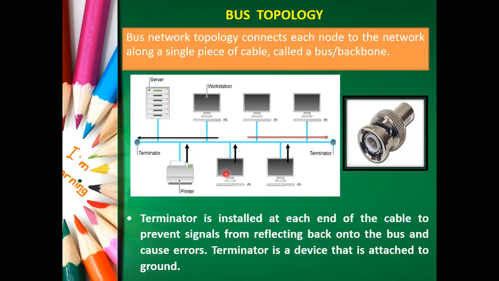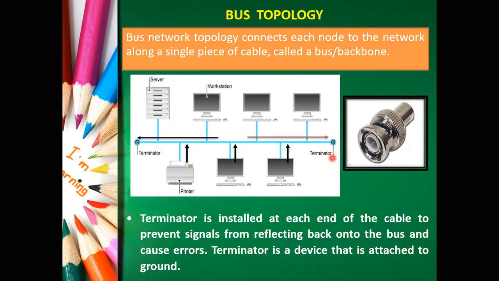It means whenever a device transmits data, it will flow in both directions along the length of the cable. But if the computer for which the data is transmitted is turned off, then these terminators will absorb these signals so that they do not reflect back and collide with each other.